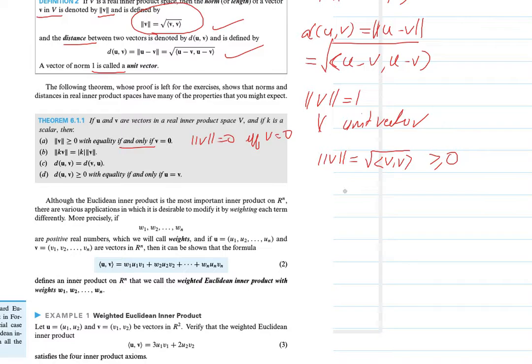That is also very clear because inner product VV equal to 0 if and only if V equal to 0. So the root of this also equal to 0 if and only if V equal to 0. Root of this means what? Norm V. So norm V equal to 0 if and only if V equal to 0. Next one is norm KV equal to mod K into norm V.